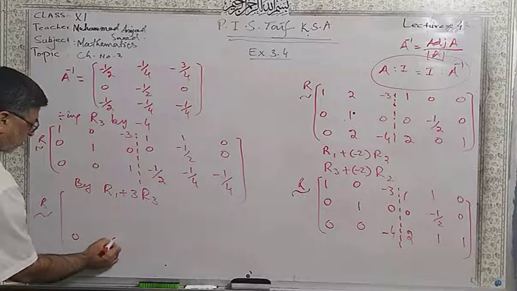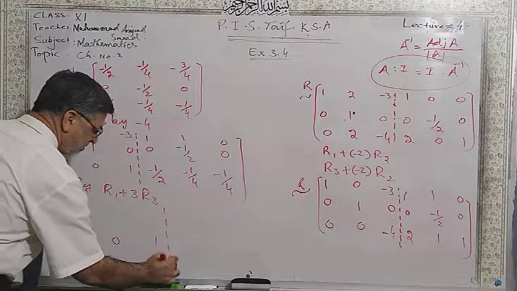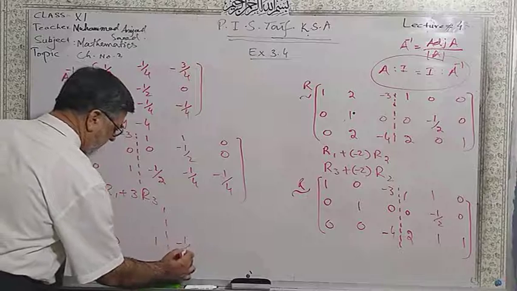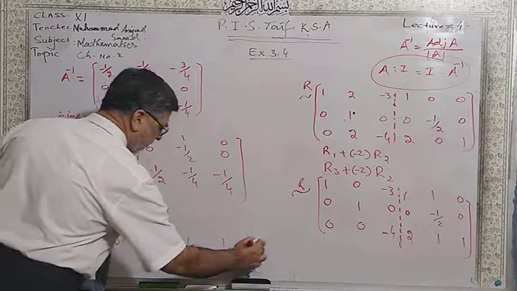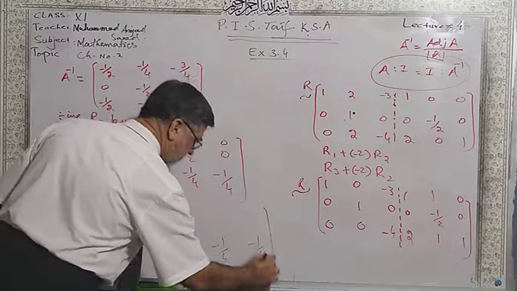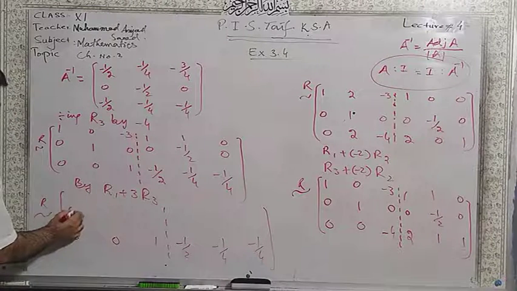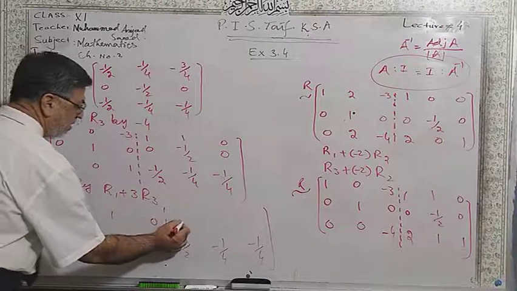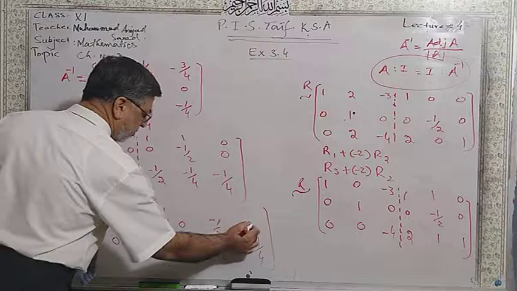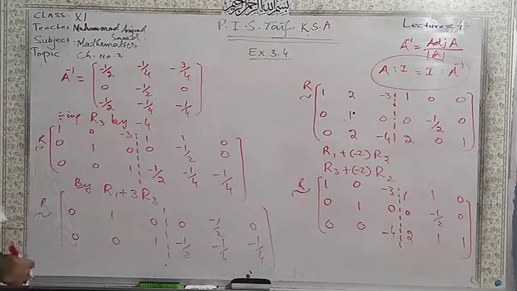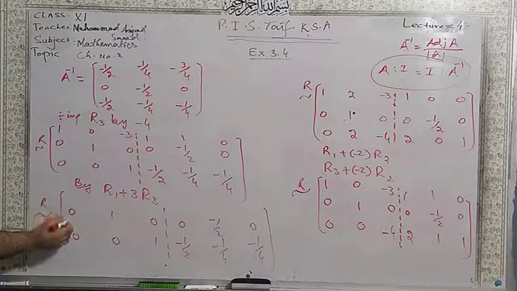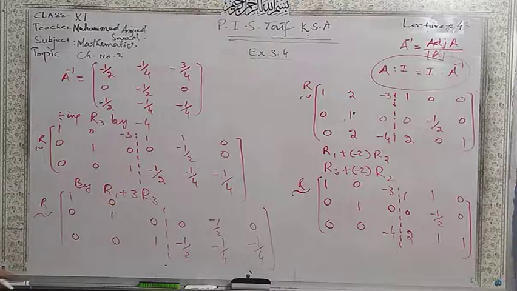We have 0, 0, 1. Minus 1 over 2, minus 1 over 4, minus 1 over 4. Similarly, 0, 1 and 0, 0 minus 1 over 2 and 0. After that, this is 1 and 0.